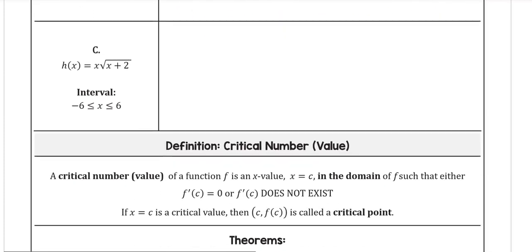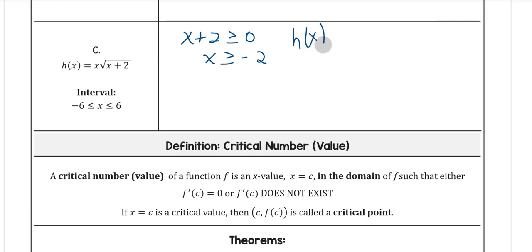Okay, letter C, h of x equals x times the square root of x plus 2, and our interval is -6 to 6. The problem here is we want to remember that under the square root, x plus 2 has to be greater than or equal to 0. So x has to be greater than or equal to -2.